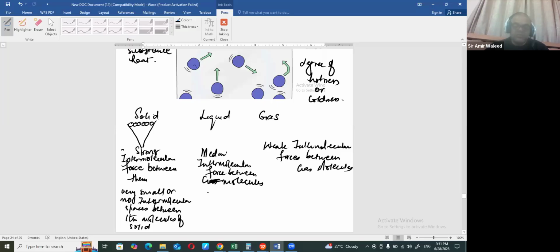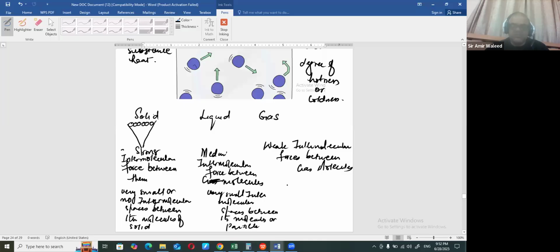They have very small intermolecular spaces between their molecules, or you can say particles.